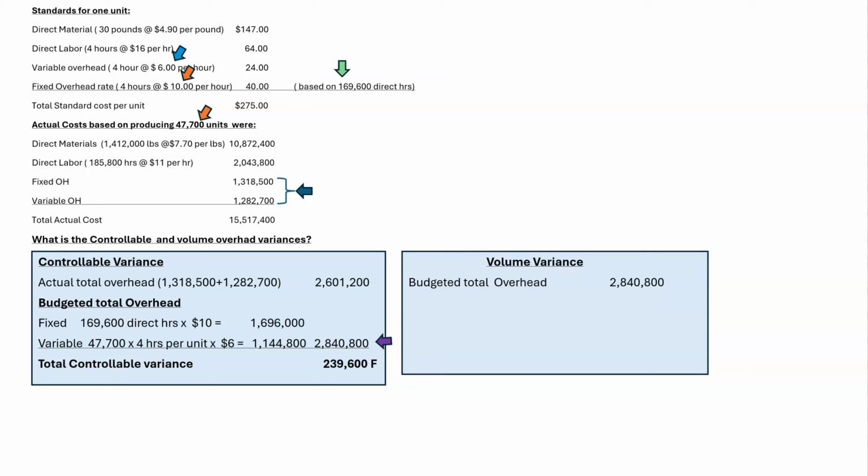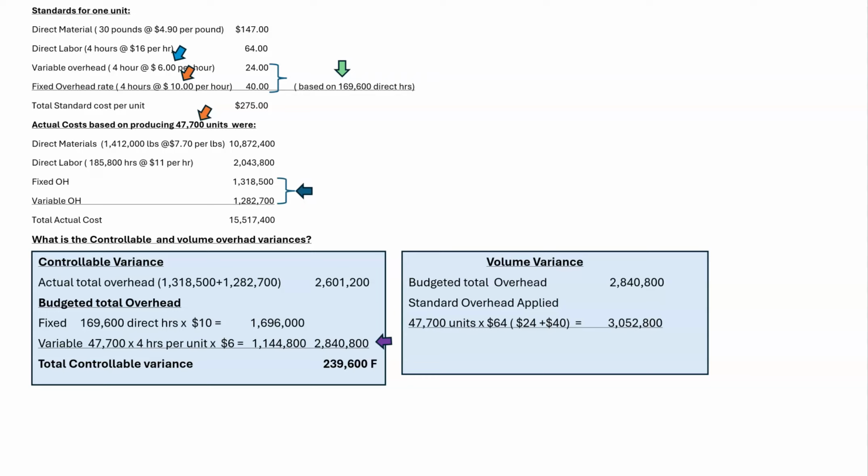Now for the volume variance, we're going to take our budgeted total overhead, which we get from right over there, and we're going to subtract out the standard overhead applied. How much did we actually apply? Well, it would have been the $64 times 47,700 units, because that's on a per unit basis. If we did it based on hours, we would have had to take the 16 times the 47,700 times 4 hours.